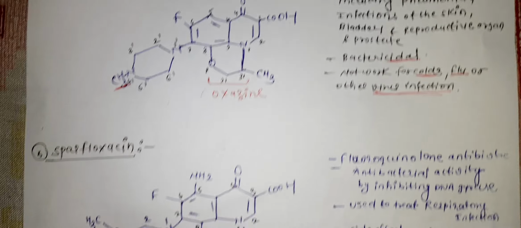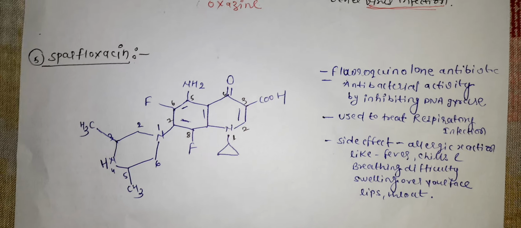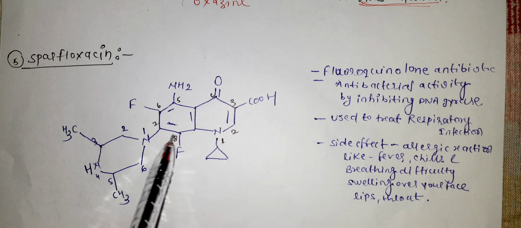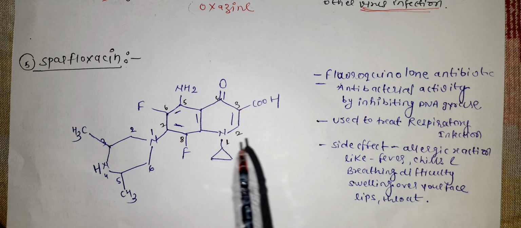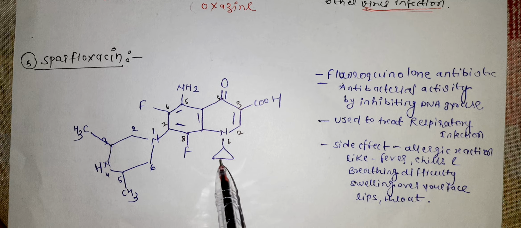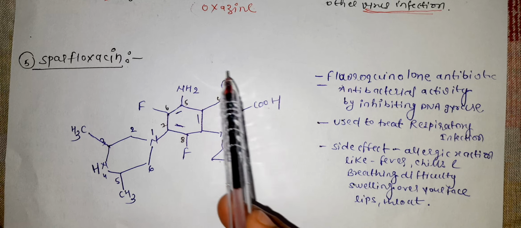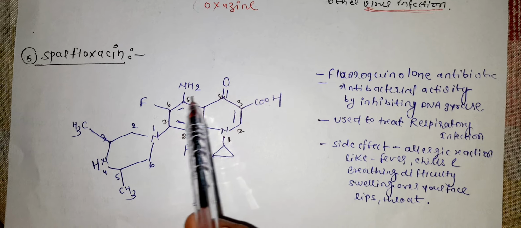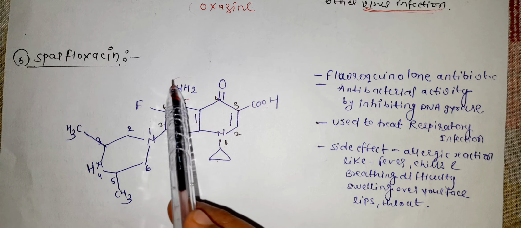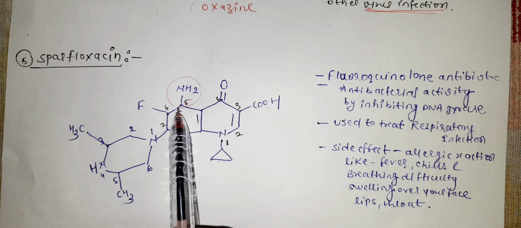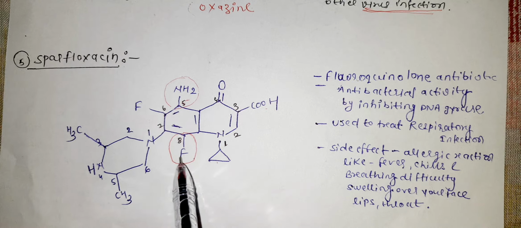Now moving to the next drug, sparfloxacin. The basic nucleus of sparfloxacin is also a fluoroquinolone derivative, and the substitution is cyclopropyl at the first position, carboxylic at the third, oxo group at the fourth, and an amine group at the fifth position. The position number 8 is also substituted by fluorine.